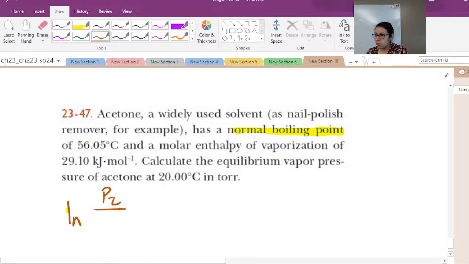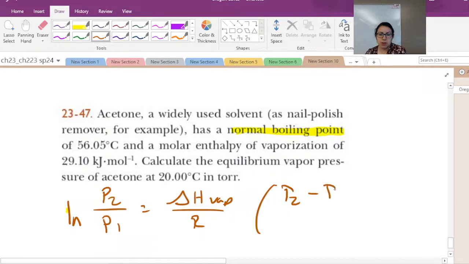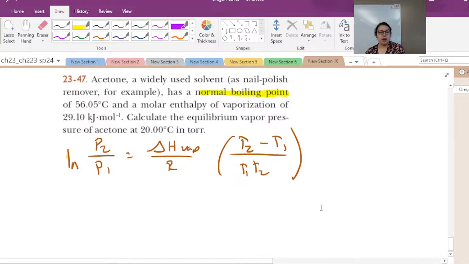Our natural log of pressure 2 over pressure 1 is equal to our delta H vaporization over R times the quantity T2 minus T1 over T1 times T2. They gave us the enthalpy of vaporization, just in kilojoules, so that's fine.